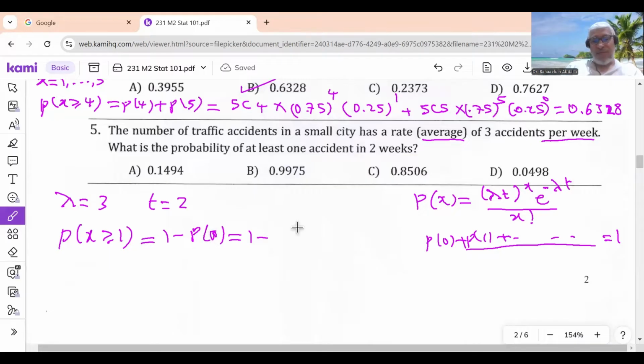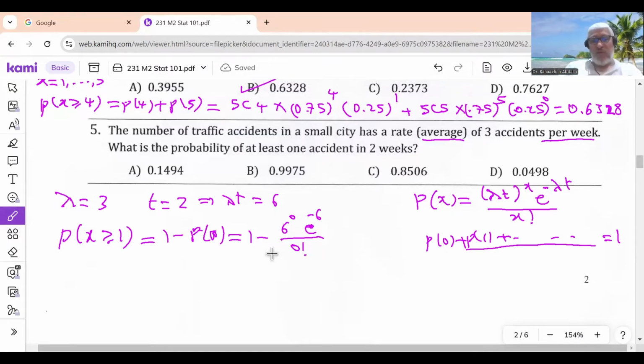Now x is 0. So lambda times t would be 6. So we have 6 to the power 0 times e to the power negative 6, over x factorial, which is 0 factorial. Actually 6 to the power 0 is 1, and 0 factorial is also 1.